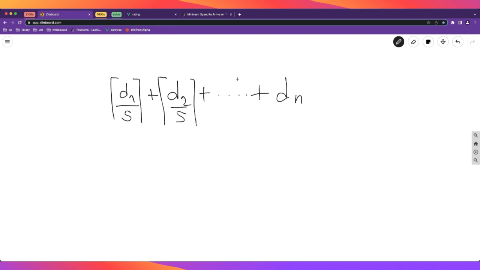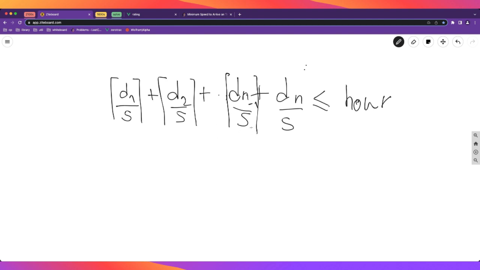So this is what we want. Maybe we can also write the n minus 1, because the last one is different. The last one, we are not rounding up, like I said, and we want to know if this is less than hour.